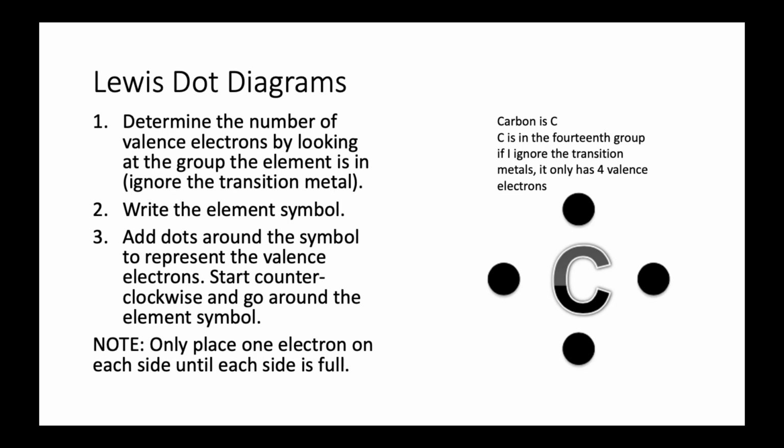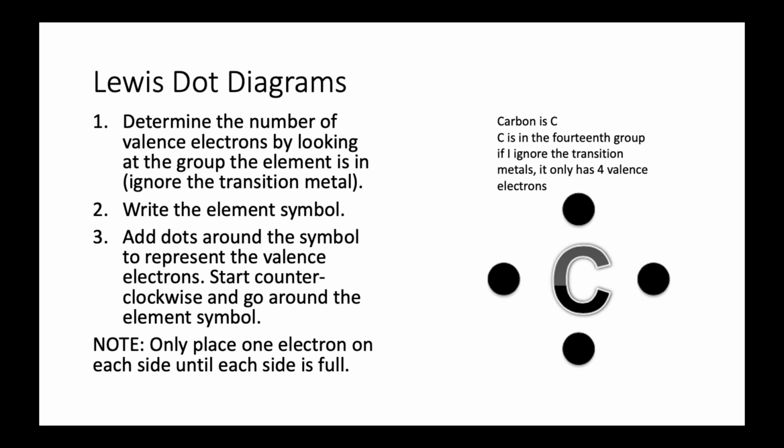So again, here are our rules. We're going to determine the number of valence electrons by looking at the group the element is in. We're going to write the symbol. We're going to place dots around the symbol to represent the valence electrons, starting counterclockwise and going around. We're only going to place 1 electron on each side until it's full.